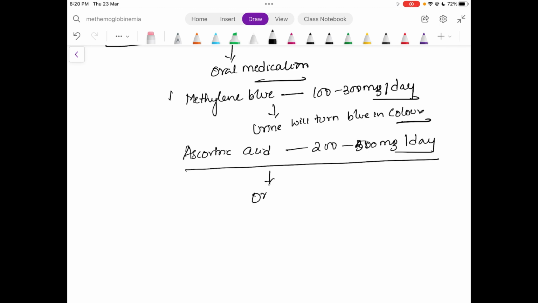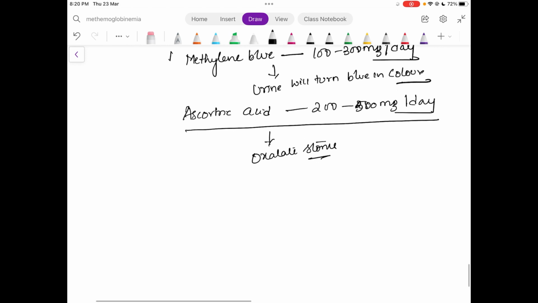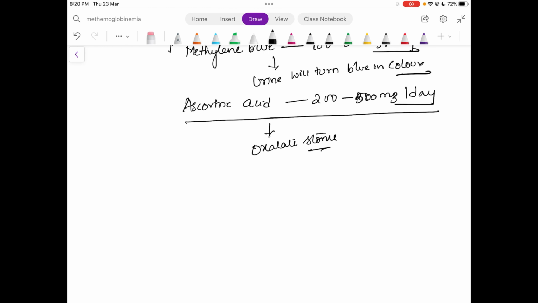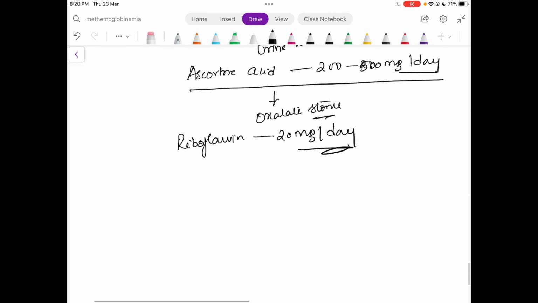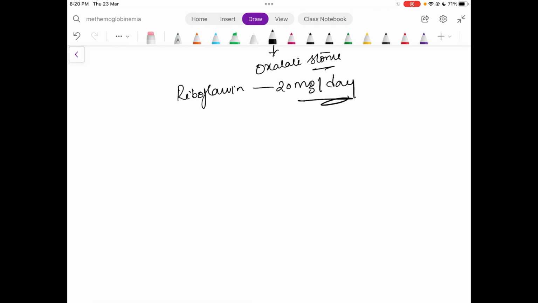And if you give ascorbic acid for a longer term, it can cause oxalate stones in urine, and it will form oxalate stones in the kidney, and you have to give riboflavin 20 milligrams per day. So these are the drugs which are given orally for mild chronic methemoglobinemia conditions.